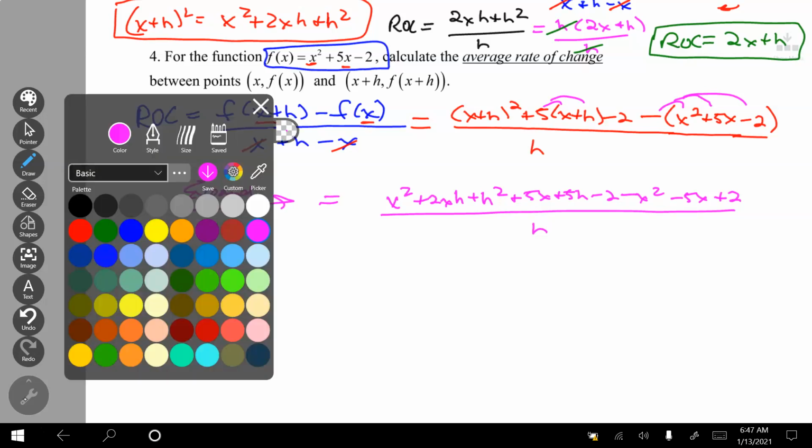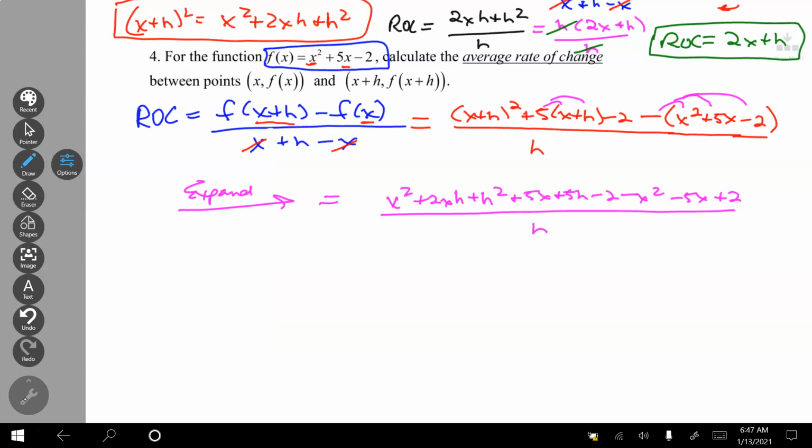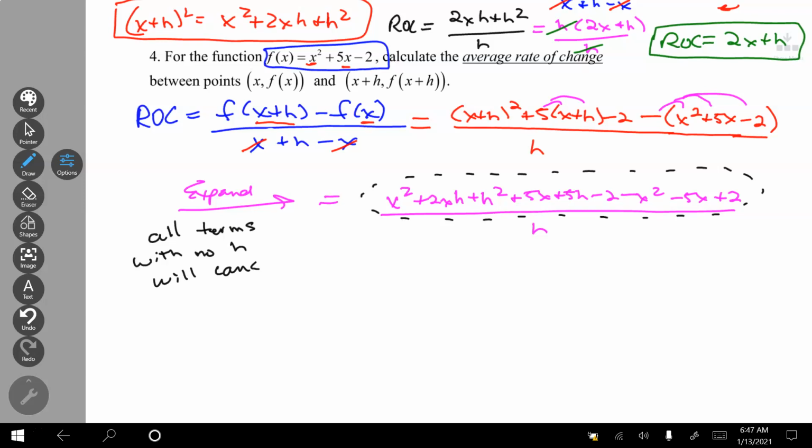Again, now comes my favorite step. This is a big long numerator. All terms with no h will cancel.